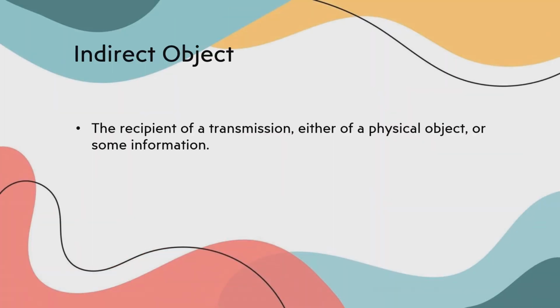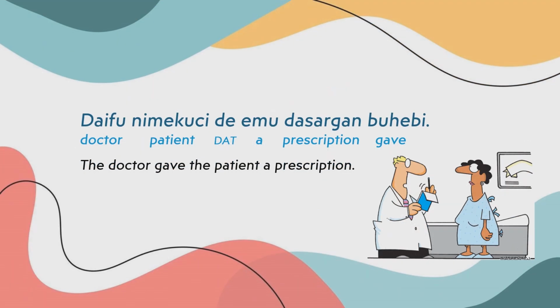First, indirect object. Mostly the indirect object is the recipient of the transmission. The transmission could be either a physical object or some information. For example, the doctor gave the patient a prescription.